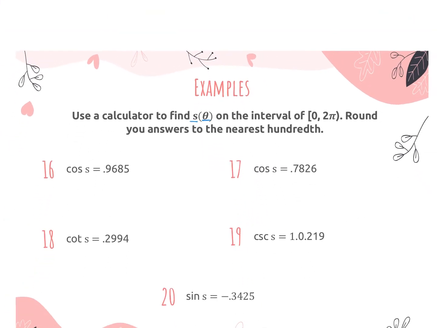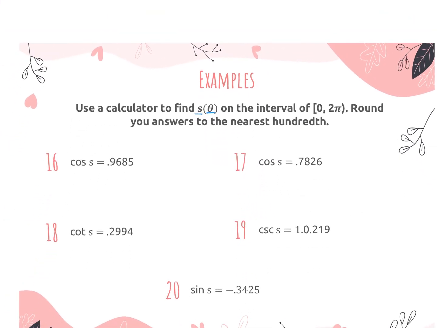So again, notice the restriction here. Before, when we did it in the Brown book, we were doing from 0 to 360. That was the degree measures. Now we're doing radians. So it's from 0 to 2 pi, or you can also think of it as 0 to 6 radians.